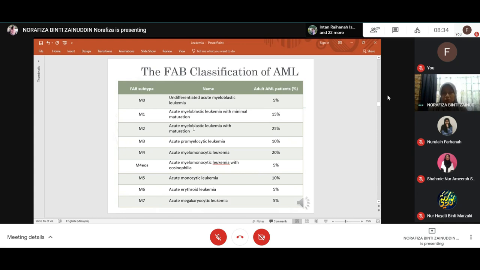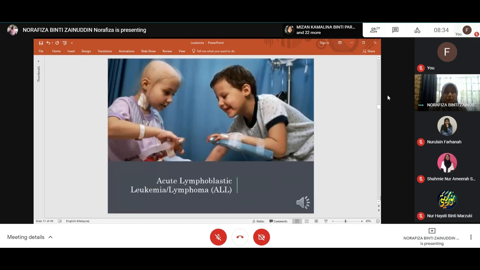The highest is M2, AML with maturation. All right, so we move on. So far, so good. I think I've put a lot of text on my slides, so I think my slides are understandable.